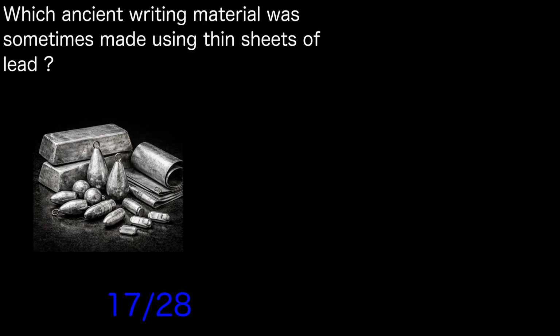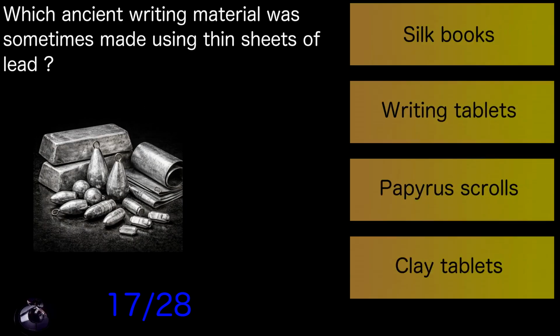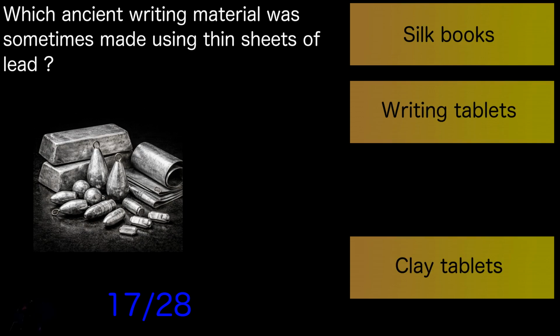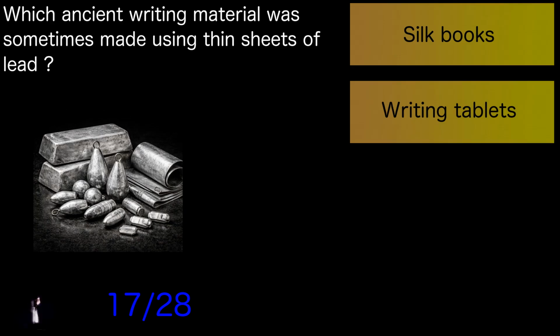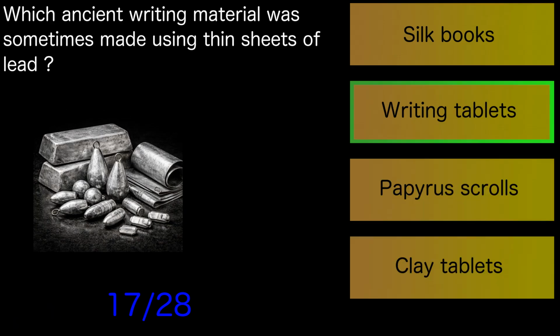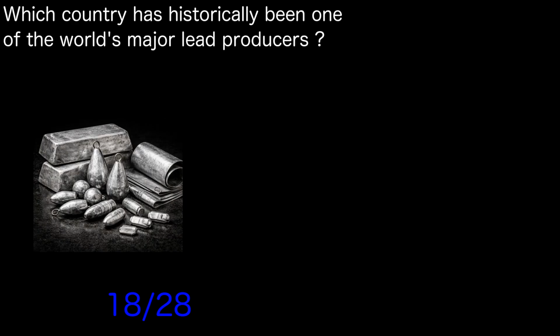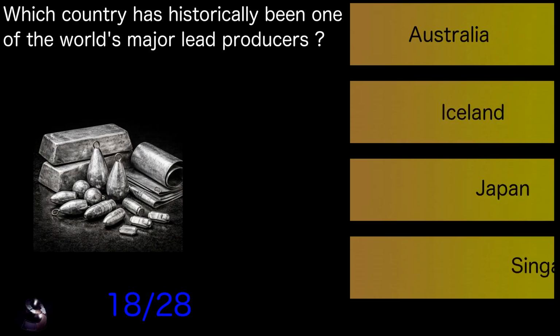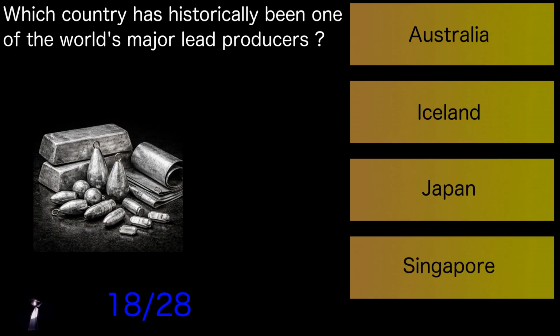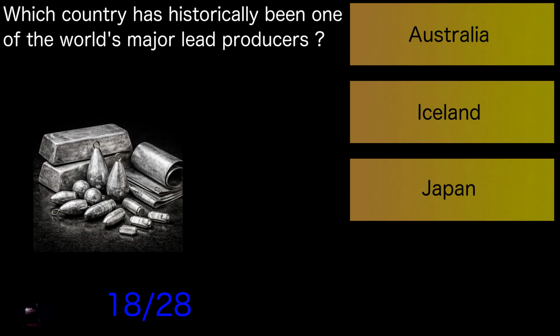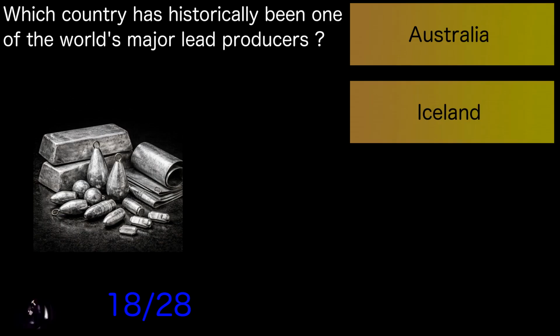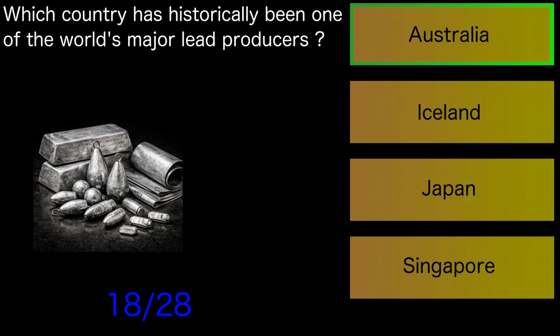Which ancient writing material was sometimes made using thin sheets of lead? Writing tablets. Which country has historically been one of the world's major lead producers? Australia.